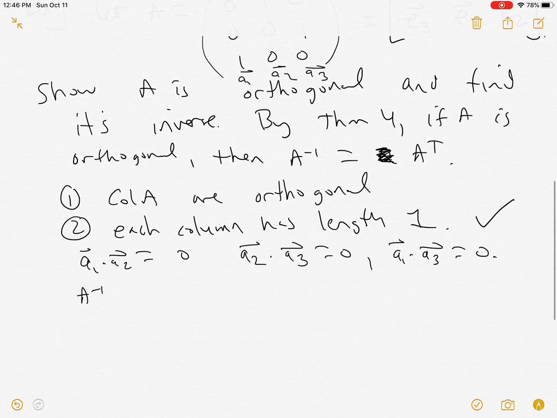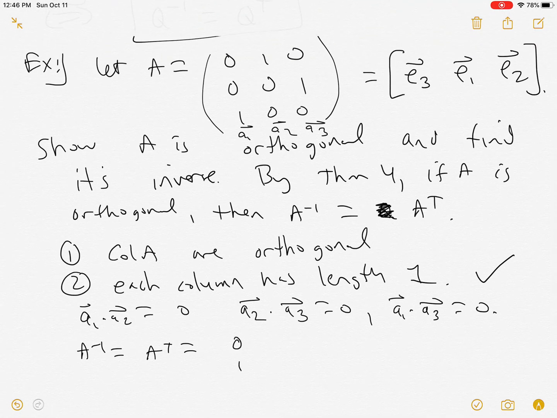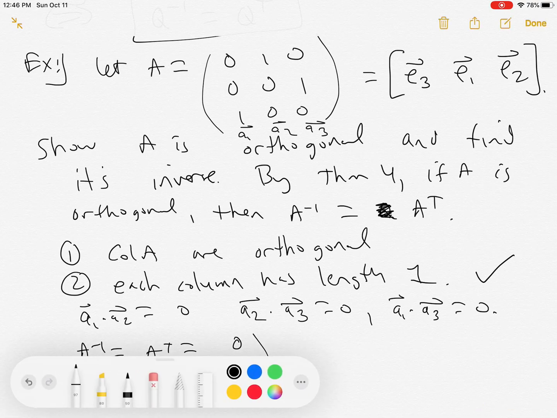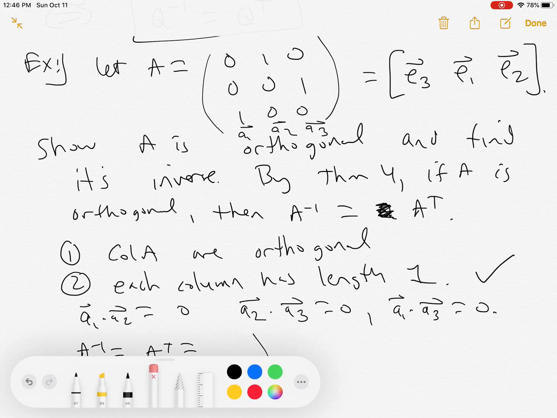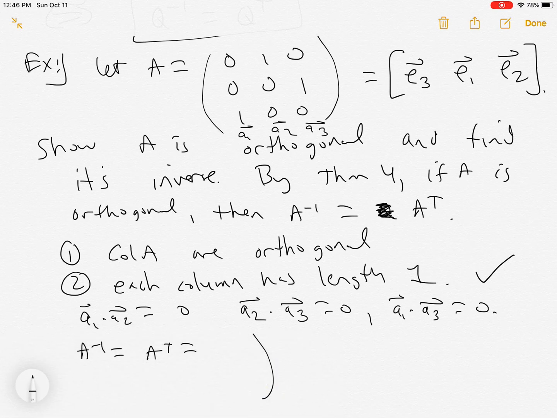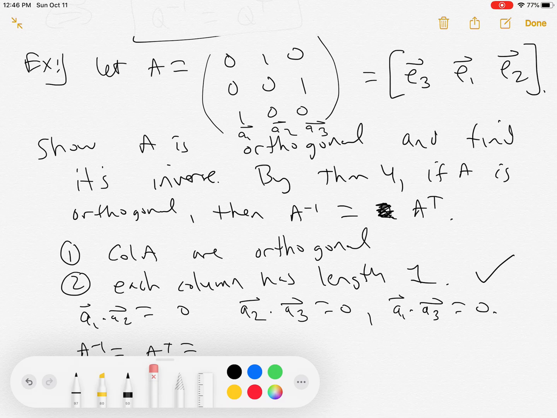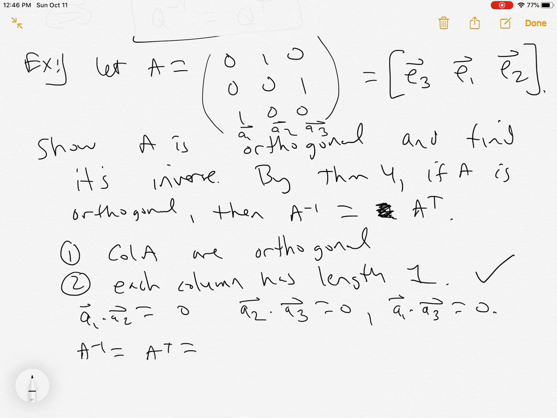So A inverse, by this theorem, equals A transpose, which turns out to be 0, 1, 0, 0, 0, 1, 1, 0, 0.